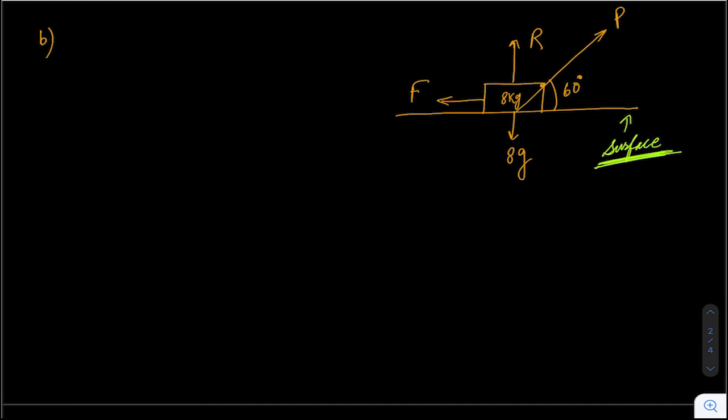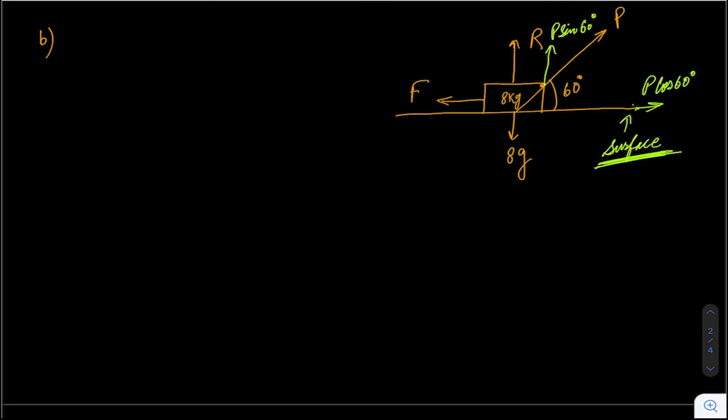F, R and mg, that is 8g, are already parallel or perpendicular, but this P is acting at an angle of 60 degrees to horizontal. So the component parallel to the surface will be P cos 60, and the component that is perpendicular will be P sin 60, right? So this is my P, this is 60 degrees. This horizontal will be P cos 60 and vertical is P sin 60.